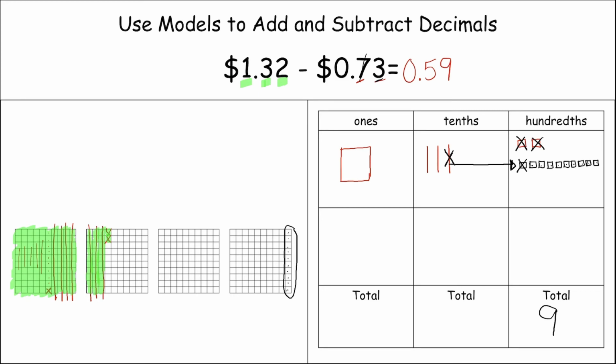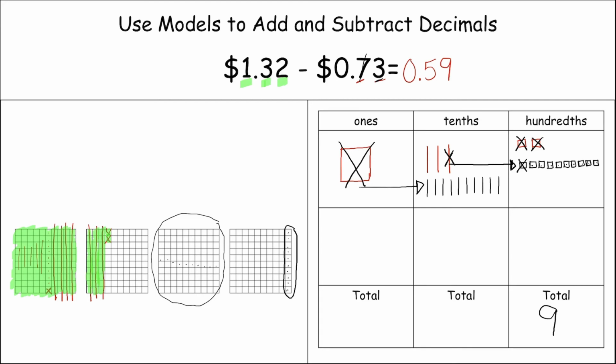Where am I going to get the other 7? Well, within this 1, there are 1, 2, 3, 4, 5, 6, 7, 8, 9, 10. So I'm going to cross out the 1 and move it over into the tenths column. And 1, 2, 3, 4, 5, 6, 7, 8, 9, 10.